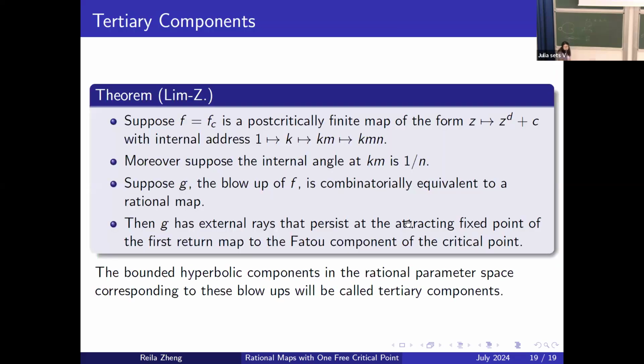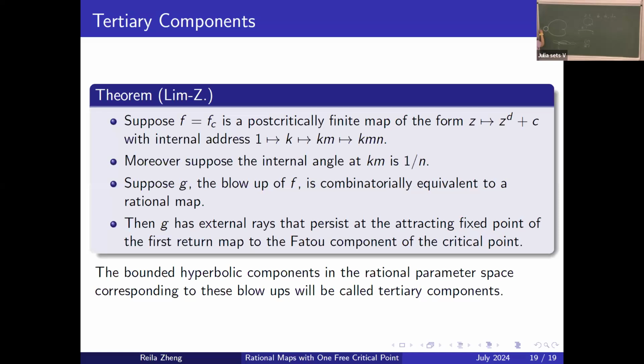Okay, so you can also do this argument for the tertiary components. If you consider the components that butt off the secondary component, like immediate satellites off the secondary components, then for these components, the rays that persist are the ones where the internal angle from the previous component to here is of the form 1/n.